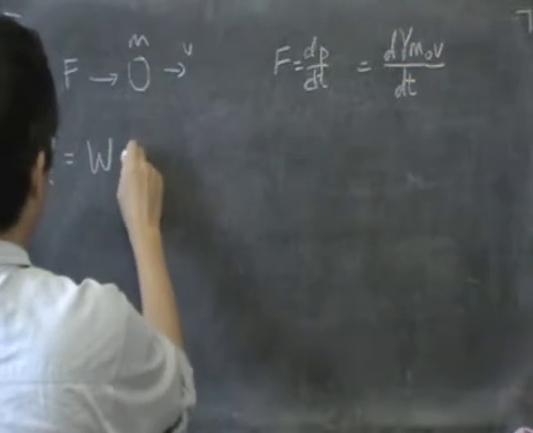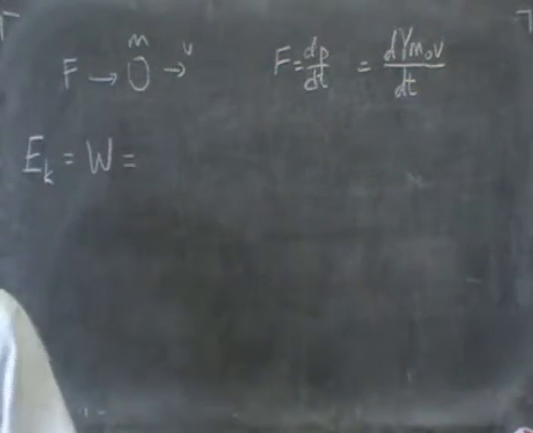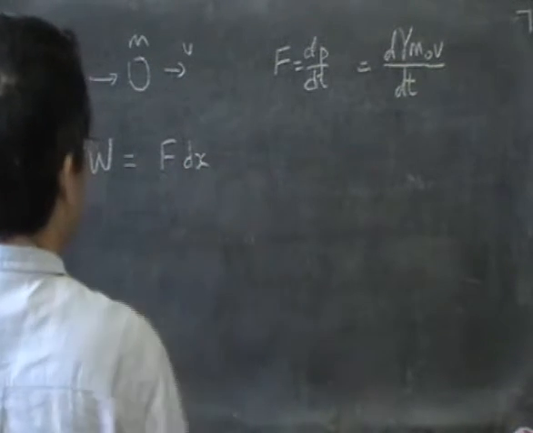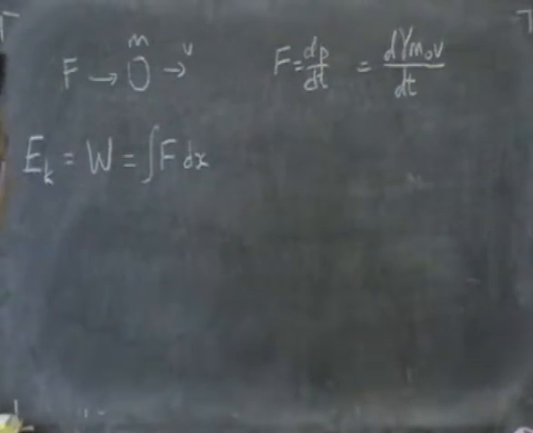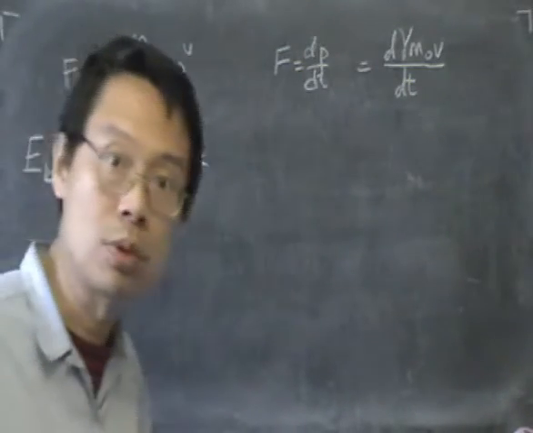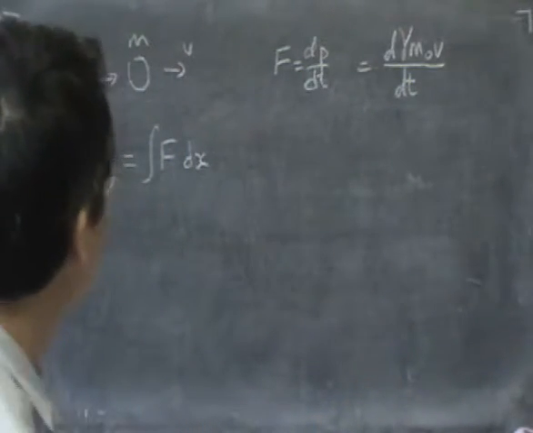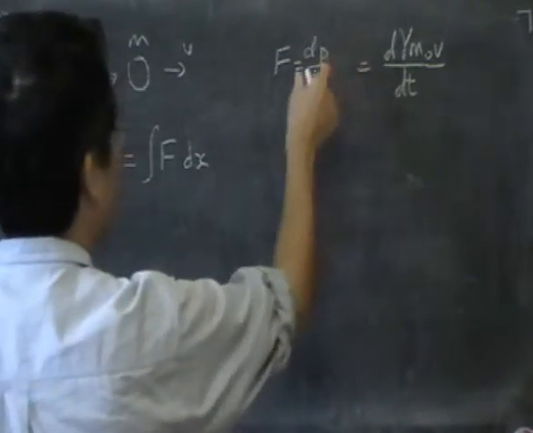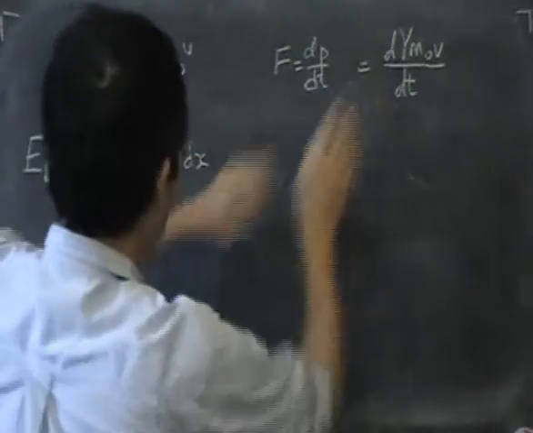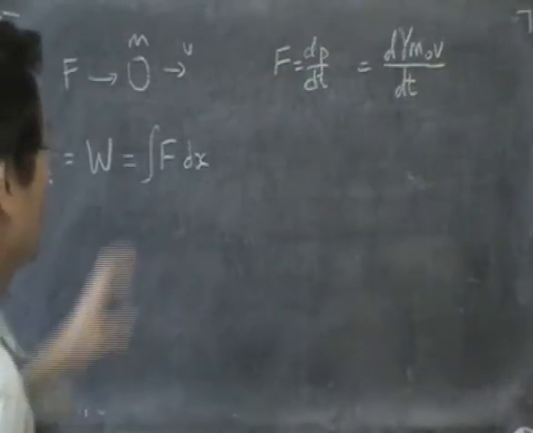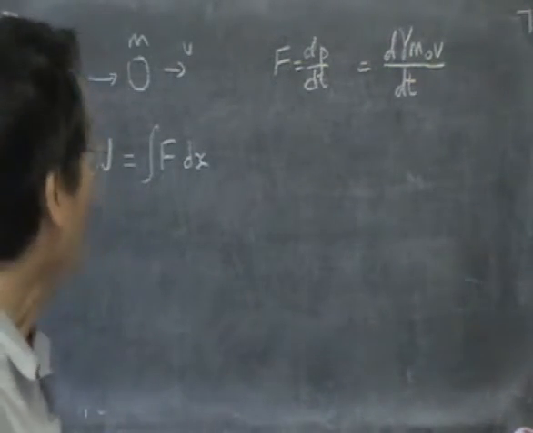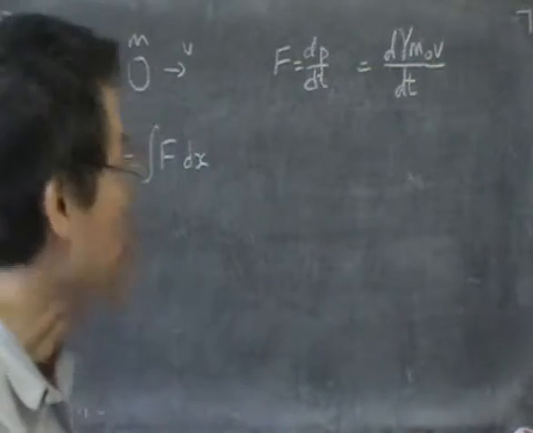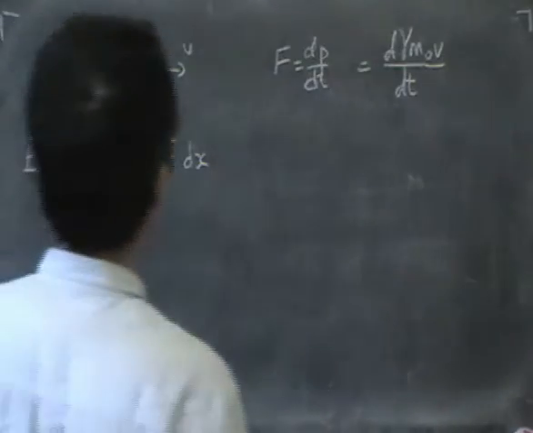So this must be equal to the work done by the force, and the work done by the force must be equal to force times distance, right? Integrated over the distance of the motion. So what we then need to do now is to start substituting expressions for F and distance, and eventually try to integrate the expression to see what we get.